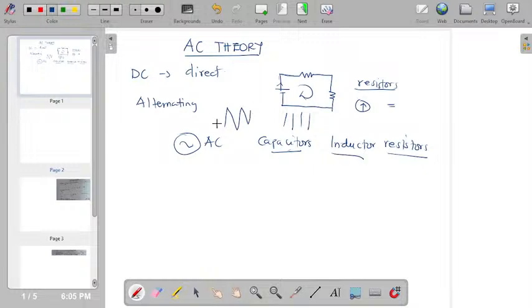Now, let me give you a short practical explanation of AC. Let's say you have a naked wire, right? If you have a naked wire and a person touches it, if that wire is carrying a DC or direct current, then if a person touches that wire, you become part of the circuit.